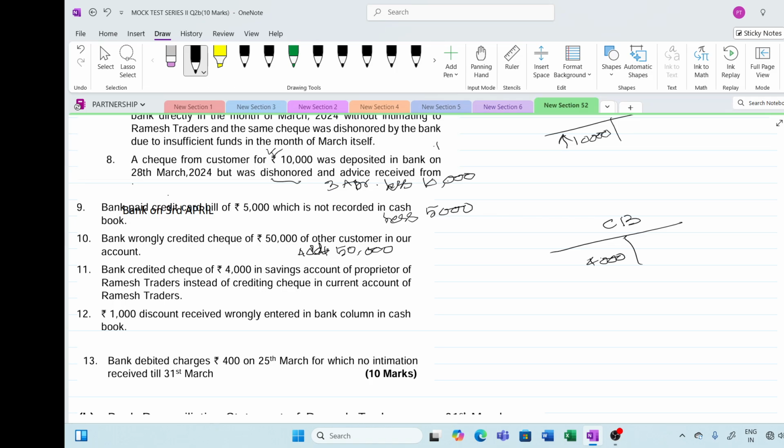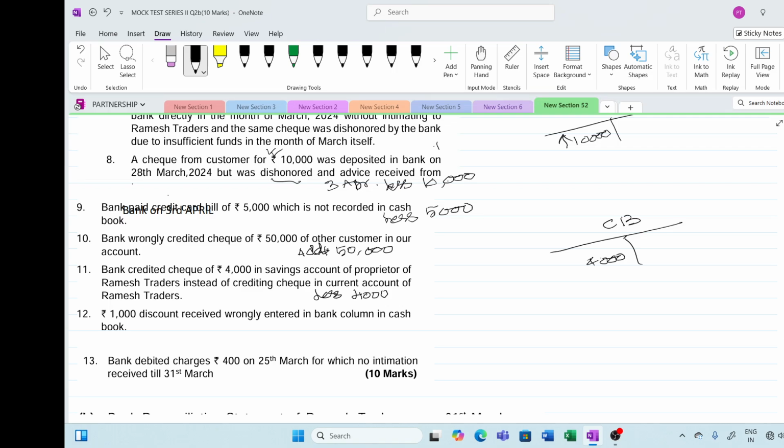But the bank, by mistake, credited Ramesh Trader's personal savings account, so they have not credited this amount. So the balance will be less in your bank statement. This 4,000 is not credited, so it is less.